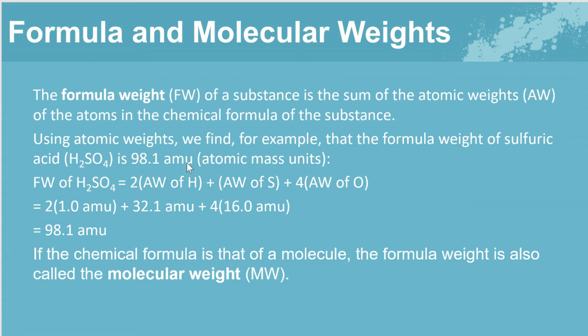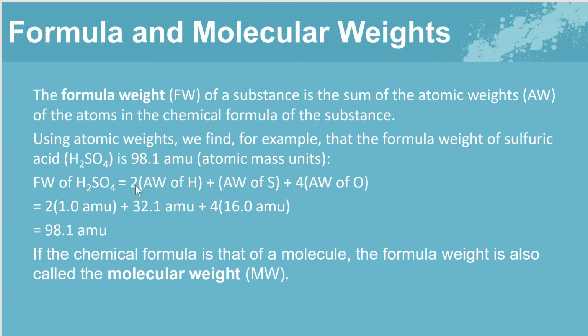Anytime you see AMU, we're talking about atomic mass units. If we calculate the formula weight of sulfuric acid, we have 2 hydrogens, 1 sulfur, and 4 oxygens, so we can plug that in.